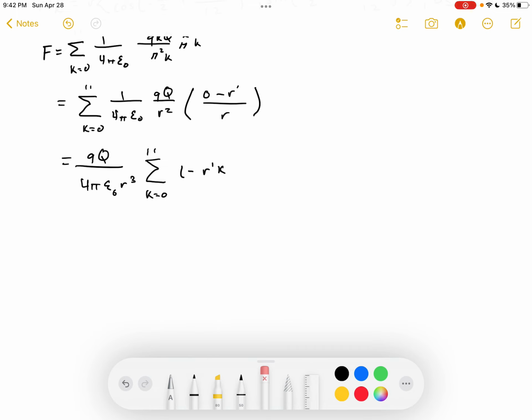I'm sorry, these k's are not multiplied. It's r sub k.